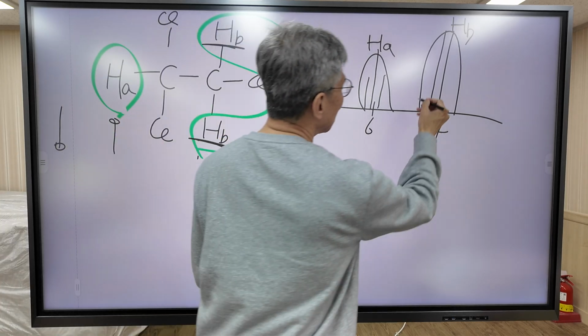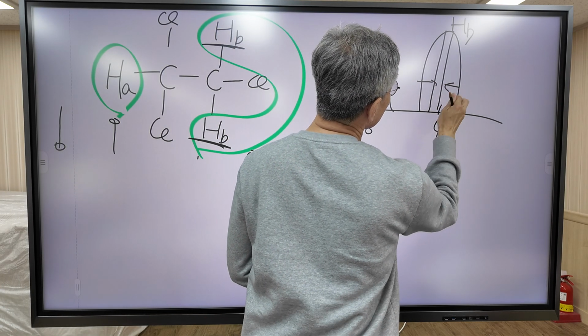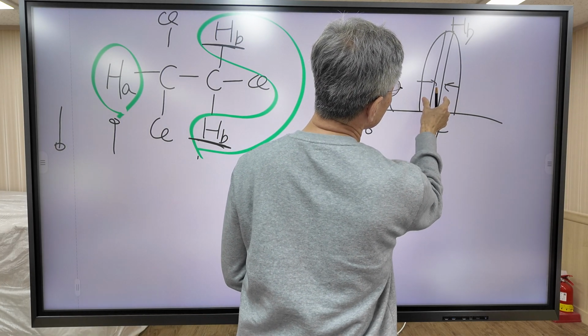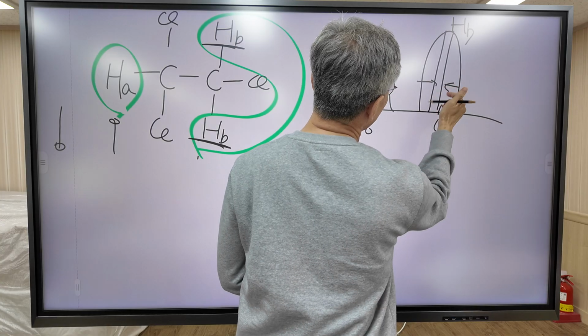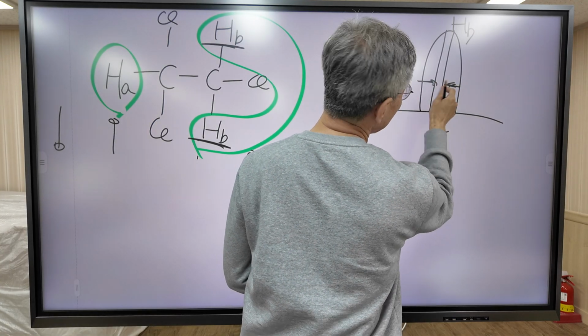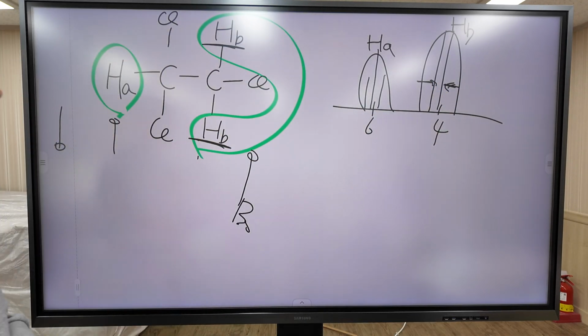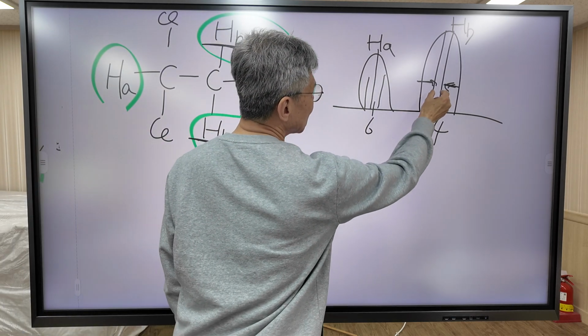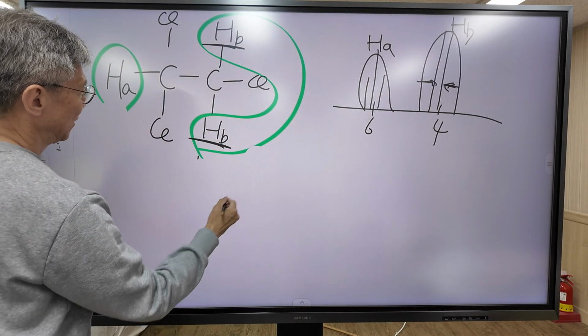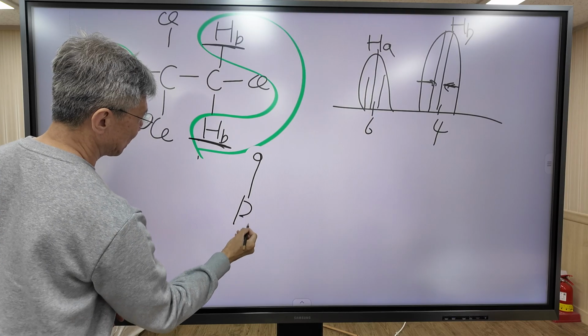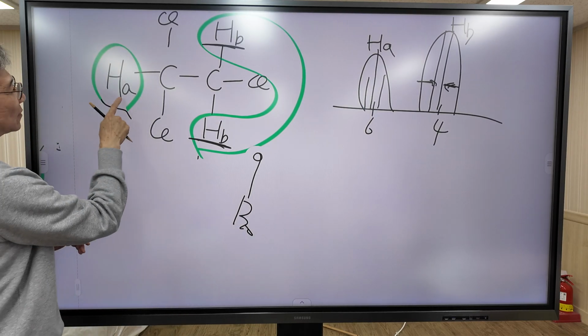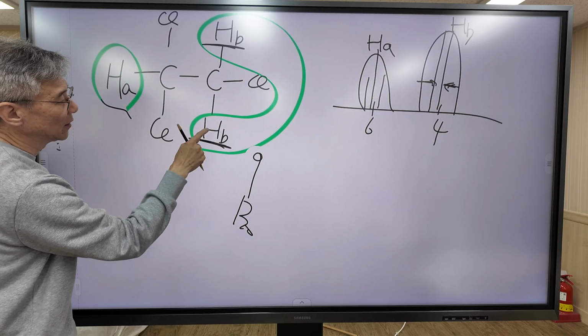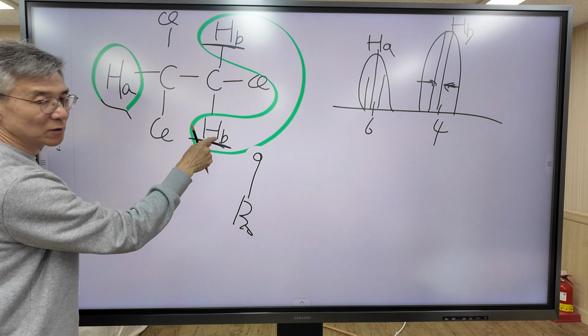Now, what factor determines the spacing between the lines? Why does this peak split? Because this proton generates a magnetic field that influences this proton.